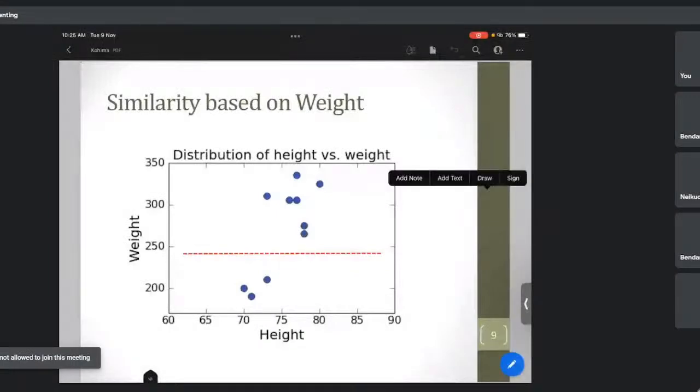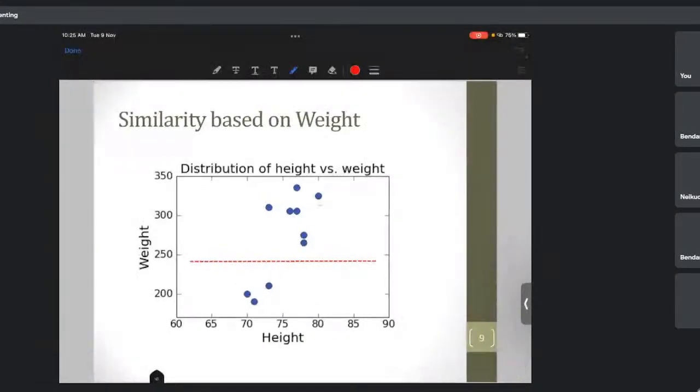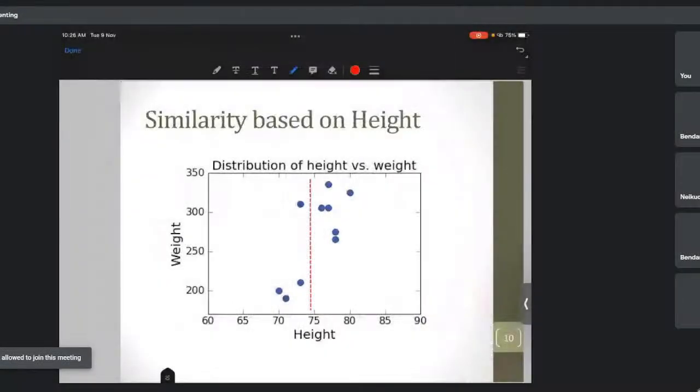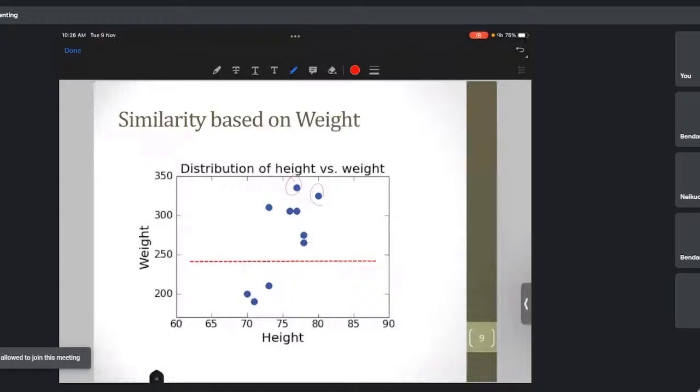These data points are related to some players, and you have a division line. So I can say that these players are linemen, these players are receivers. But that is not true, because you can see that some of the receivers are there in the lineman group, and some of the linemen are there in the receiver group.